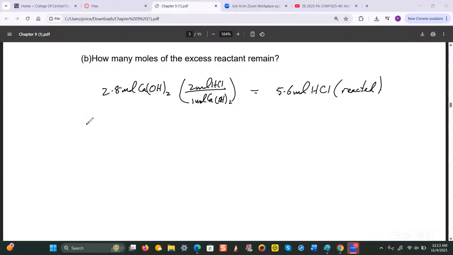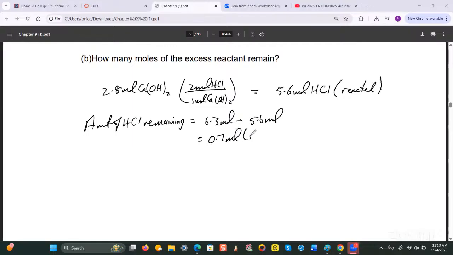So the amount of HCl remaining will be the original amount of HCl that you start off with, which would be 6.3 moles, minus the amount that reacted, which is 5.6 moles, and that would give 0.7 moles of HCl remaining. All right? And that's how we do the B part.